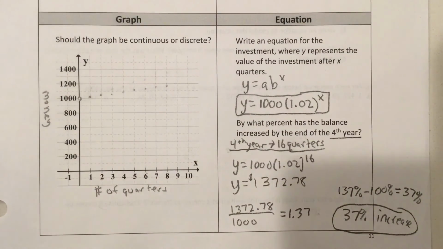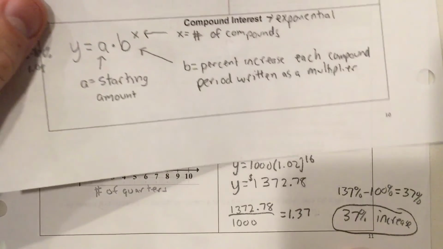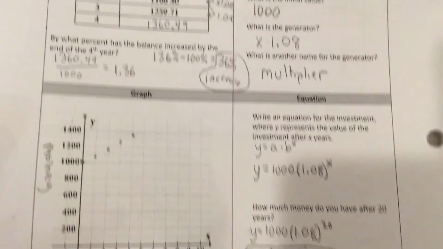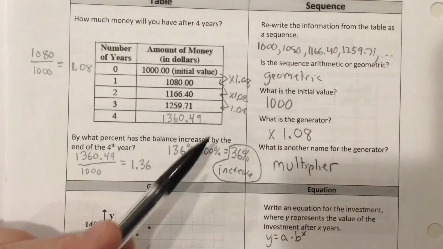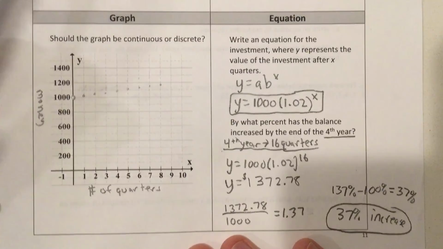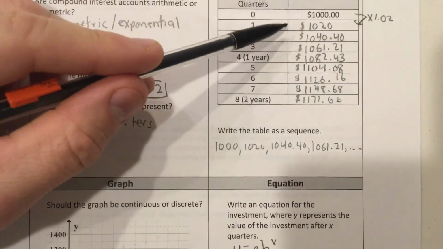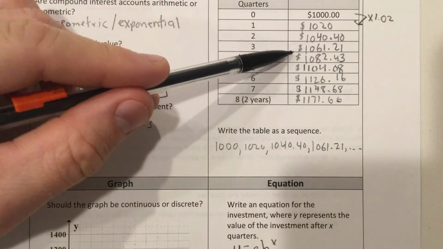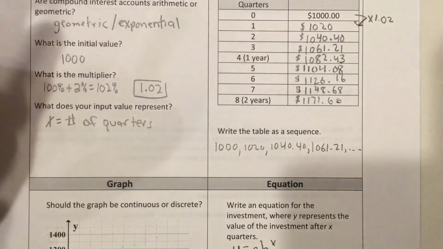So comparing them all, summarizing this, I have a 37% increase here, where when it was exponential with the simple interest compounded one time per year, it was only a 36% increase. So this was even better. The compounded quarterly was even better because we're getting the interest more often. And again, the more money we have in our account, the more percent we're going to have.